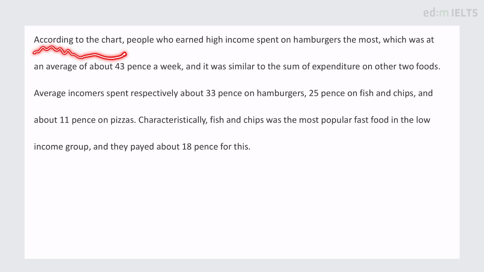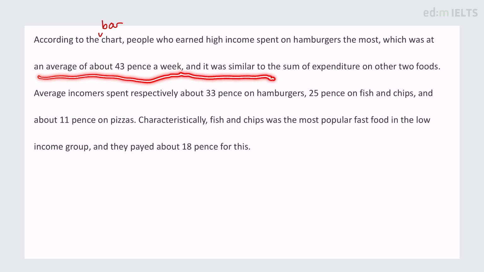According to the chart, so again, we're talking about the bar chart, because line graph, you could say is a line chart. According to the chart, people who earned high income spent on hamburgers the most, which was at an average of about 43 pence a week. And it was similar to the sum of expenditure on other two foods.